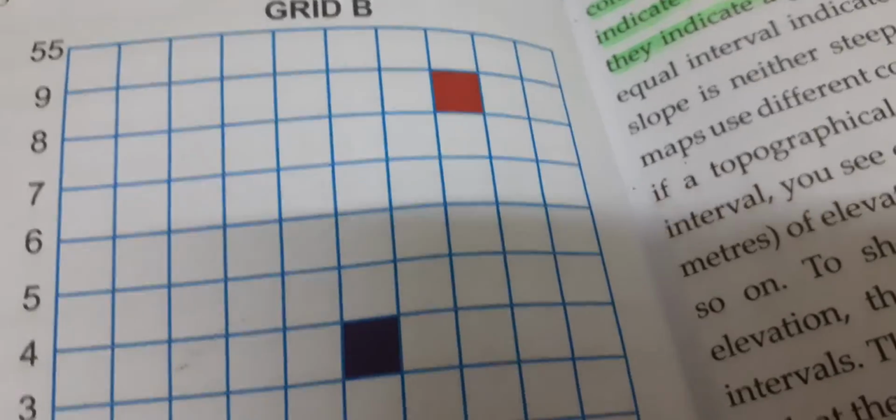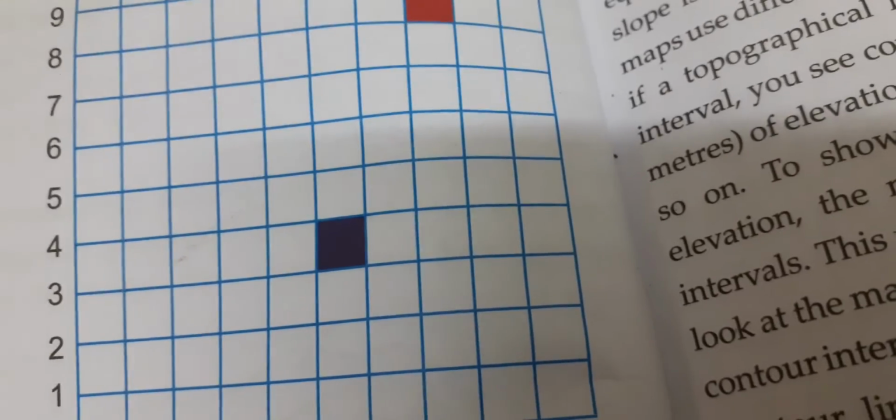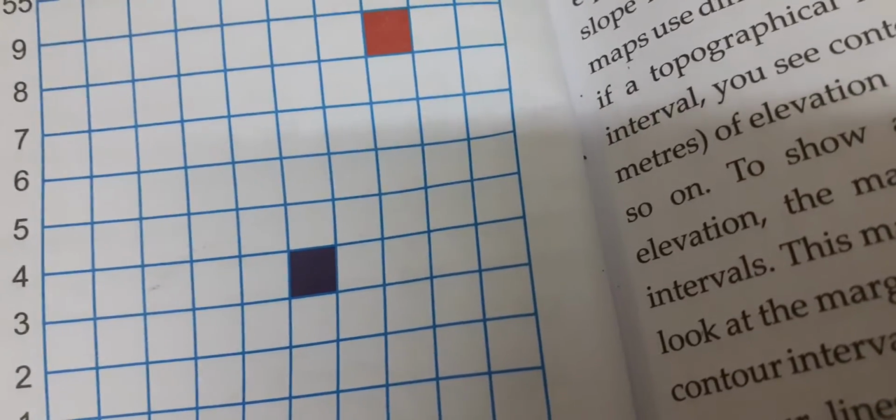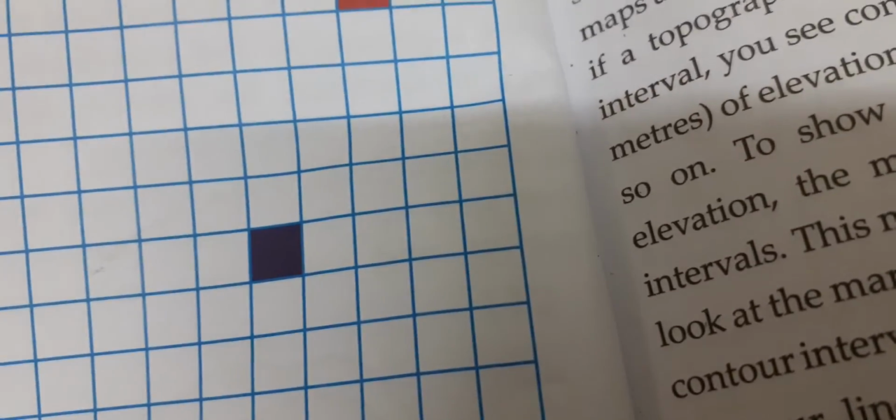Therefore, the 6-figure reference is 28, 7, 54, 8. The blue square in the figure below has a 6-figure reference of 28, 5, 54, 4, 3.